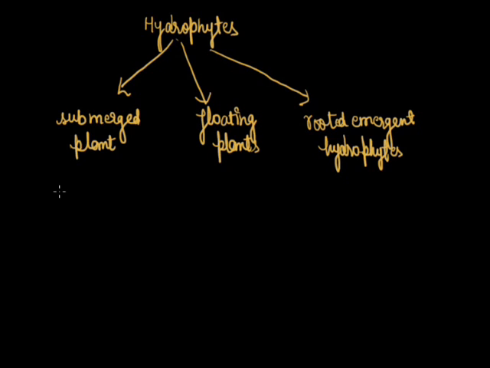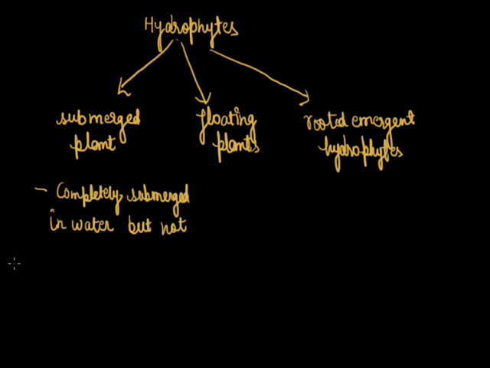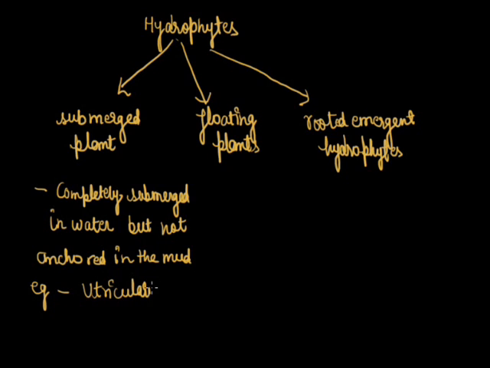First, submerged plants. Submerged floating plants are completely submerged in water but not anchored in the mud. For example, Utricularia. Now, floating plants.